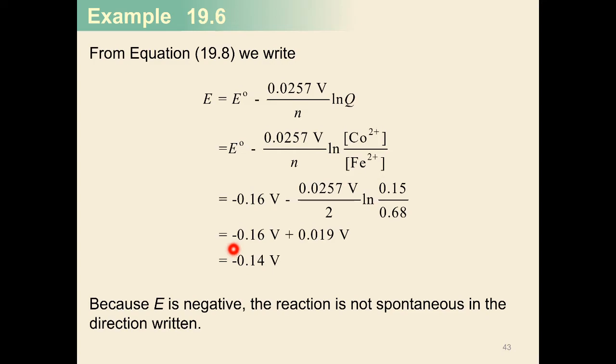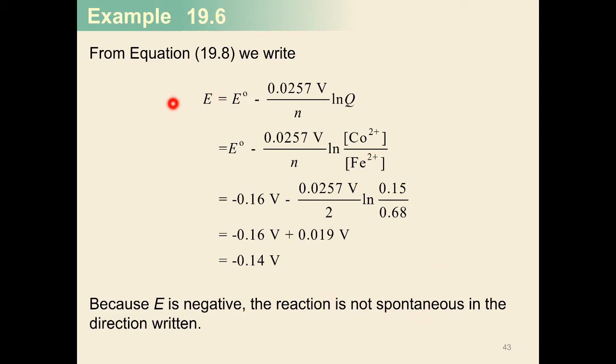If you want to double check, you can calculate it in Gibbs free energy. So Gibbs free energy is negative nFE. Since n is positive, F is also positive, with the negative sign, and your calculated E here is a negative value. So negative and negative, you have a positive Gibbs free energy. So that means you have a non-spontaneous reaction.